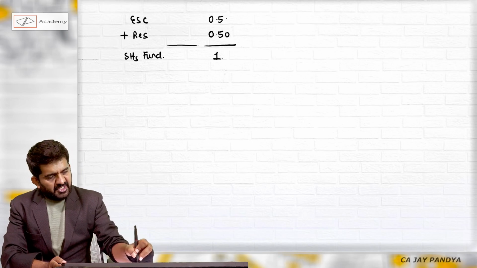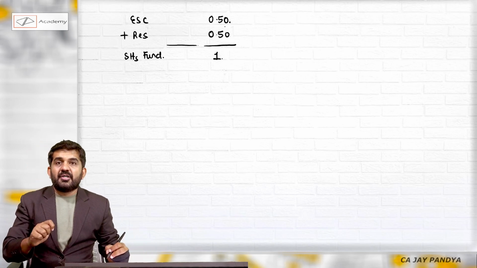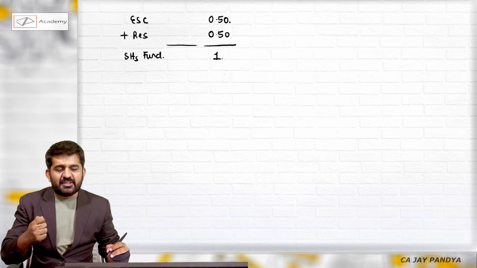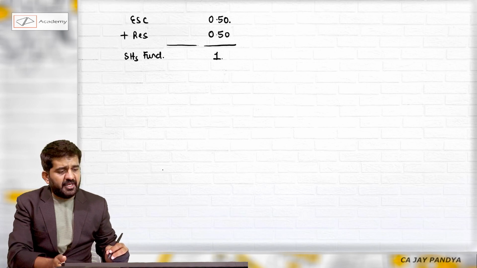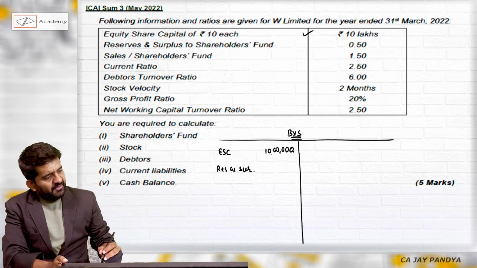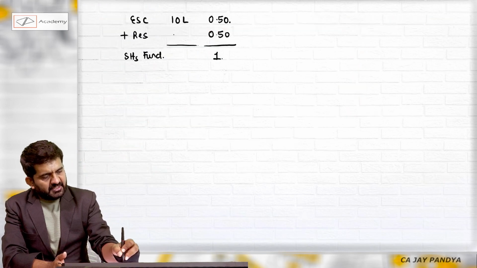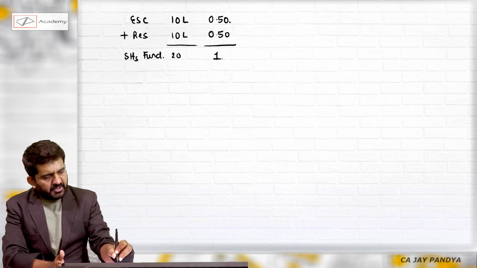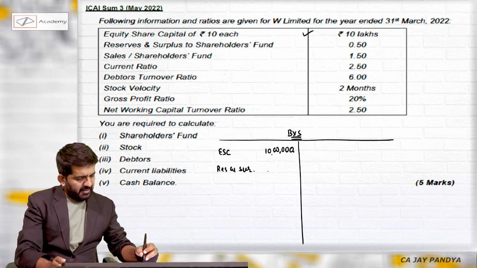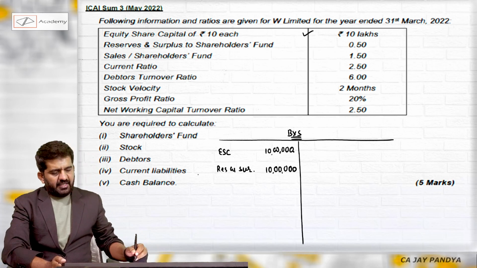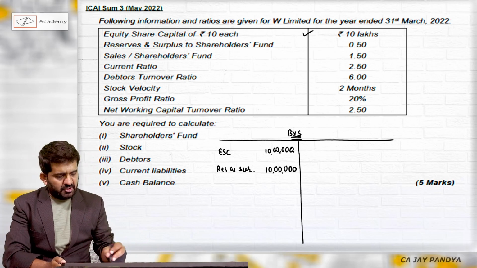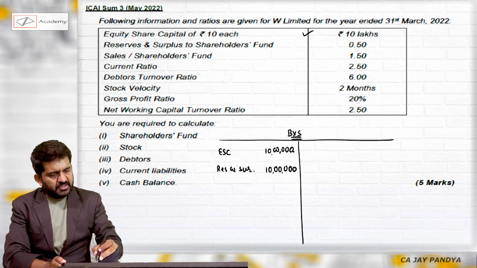So equity share capital will be 0.50. 50% is reserves and surplus of shareholders fund, so 50% will be equity share capital. Equity share capital is 10 lakhs, so reserves and surplus will also be 10 lakhs and shareholders funds will be 20 lakhs. So we'll be getting first answer, which is shareholders funds, but I'll be doing it last.